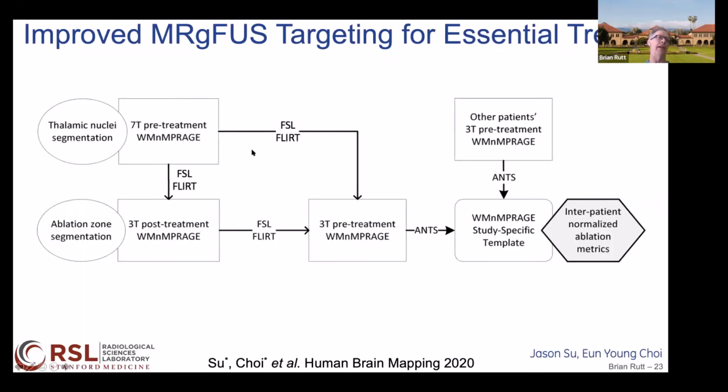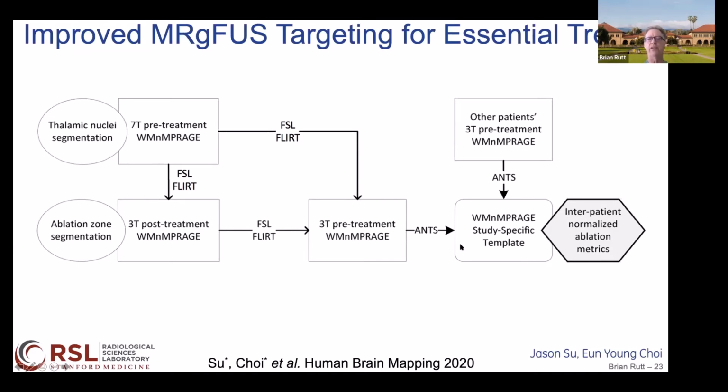So in this case, we registered all of the data together. We did some 7T pre-treatment imaging, some 3T post-treatment imaging, put this all together into register over the pre-treatment 3T. We also took a bunch of other subjects and created a study-specific template.